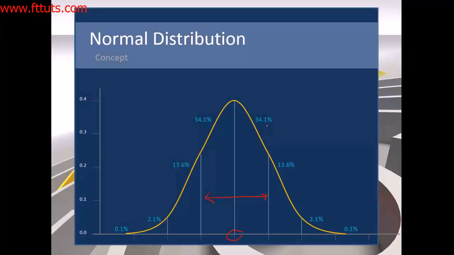That's about 68.2. So this is 68.2% of all activity. Let's round up to 70%, just to make it easy. And that's exactly what the profile does. It shows us, identifies for us the price range where 70% of the activity in the market is taking place.